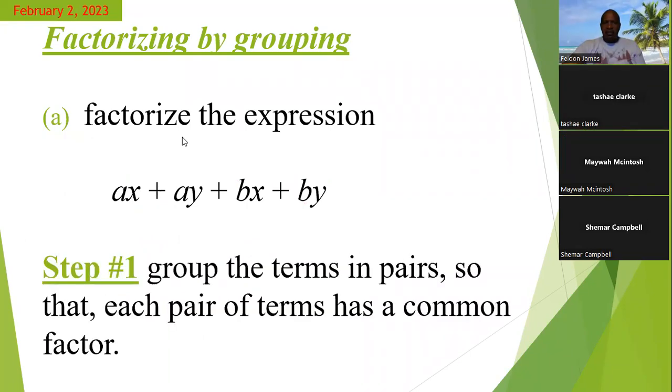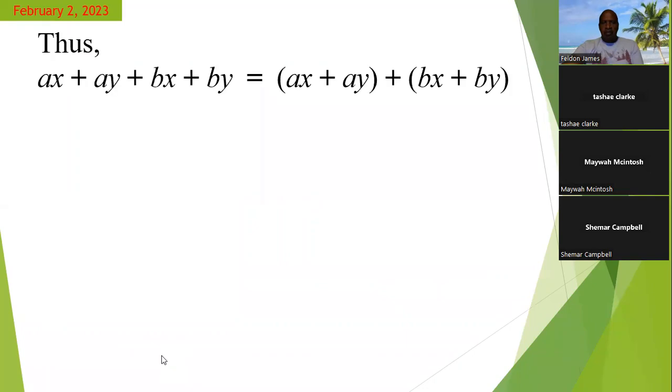All right, so based on what we have just done, we can look at it in a step-by-step process. So the first step, you want to group the terms in pairs so that each pair of terms has common factors. So in other words, you can identify the HCF for each pair. Now, once you have done that, we notice that by pairing them, we have ax and ay. We group those together because we have a common factor a.